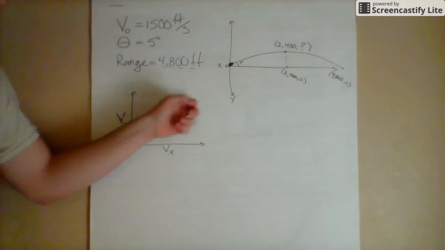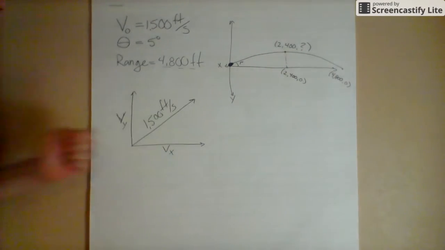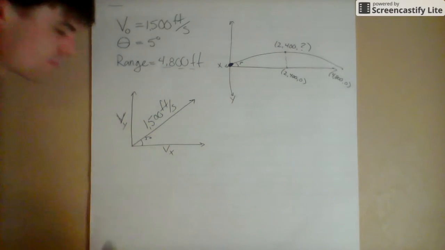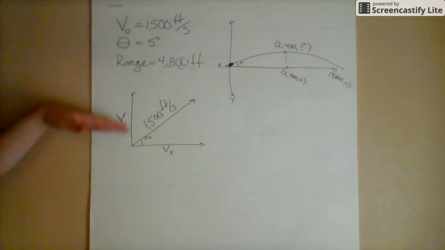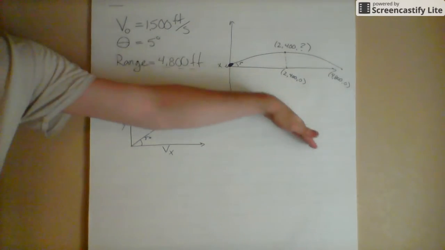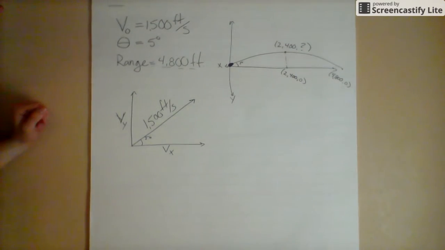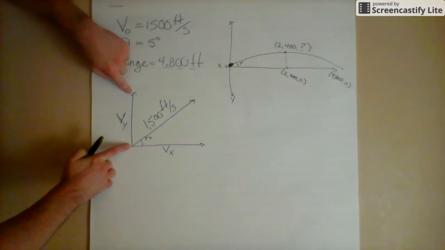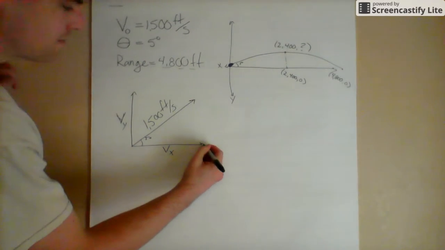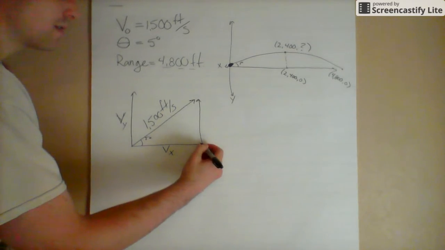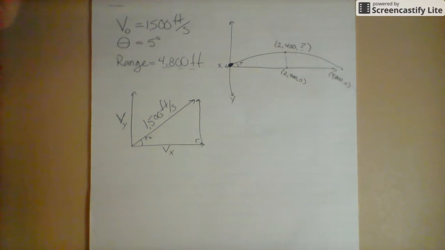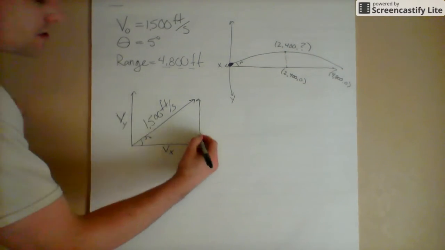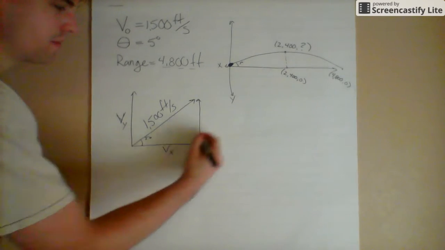So again, this 1,500 feet per second at 5 degrees is going to cover some horizontal movement, but it's also going to have some vertical movement, and of course it's then going to fall back down due to the force of gravity. If I take this vector here and move it over there, which I'm allowed to do, I can see that I've created a right triangle, which means we're going to get to use everybody's favorite area of math, trigonometry, to determine the value of Vx and Vy.